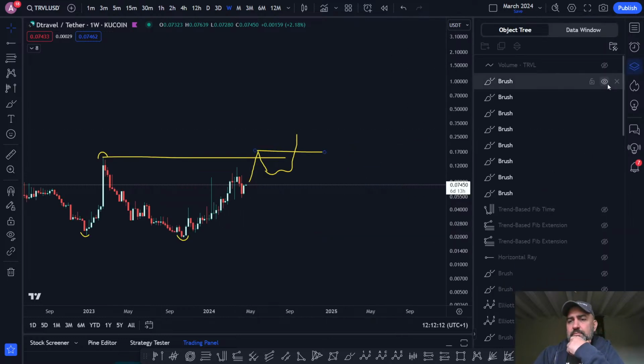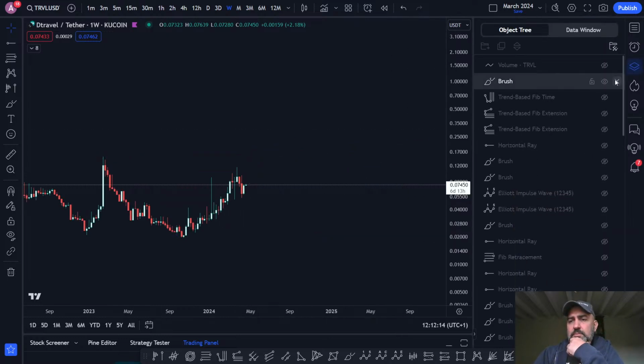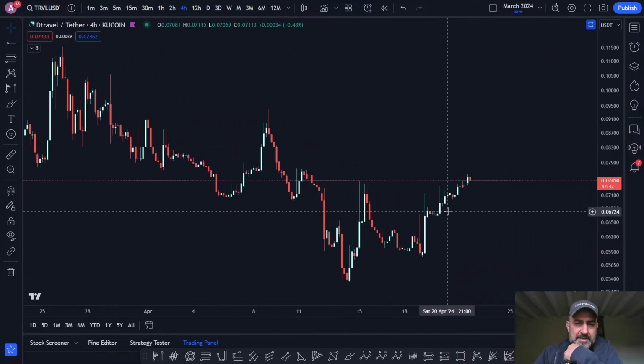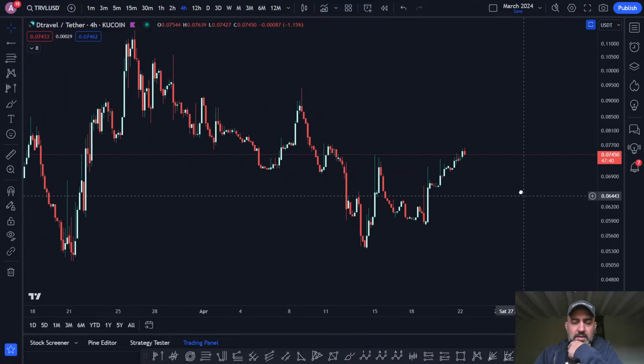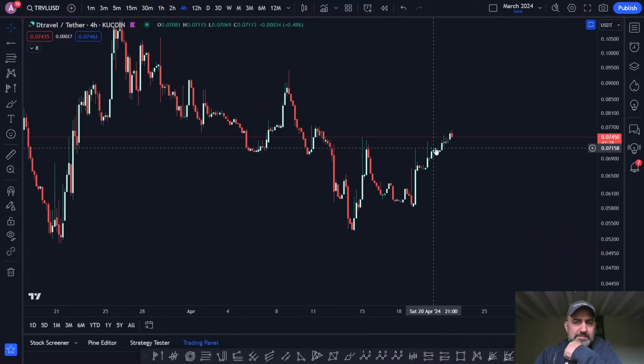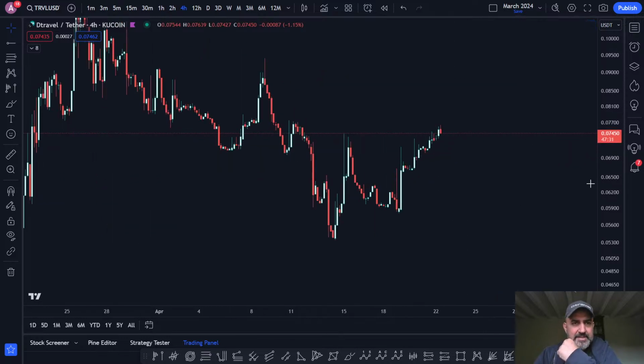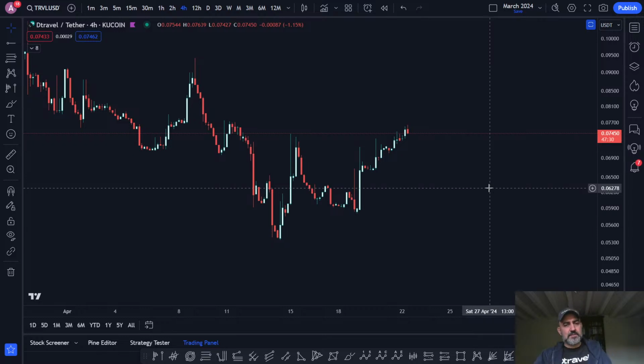TRVL is looking quite good. Right now it's following the market, and as Bitcoin goes up, TRVL will go up. And again, nothing changes. When it comes to TRVL, if people are looking to buy, buy when Bitcoin is red. Don't buy when Bitcoin is green. When Bitcoin is green, the whole market goes up.